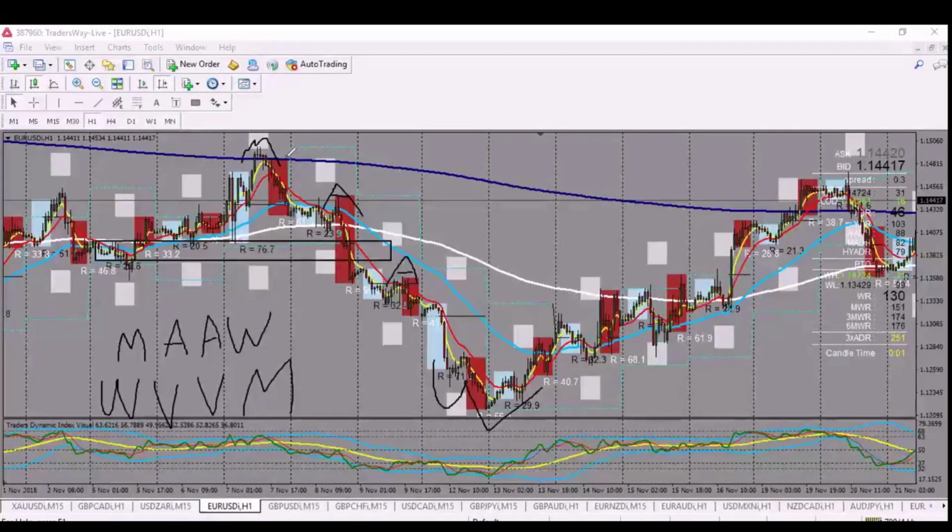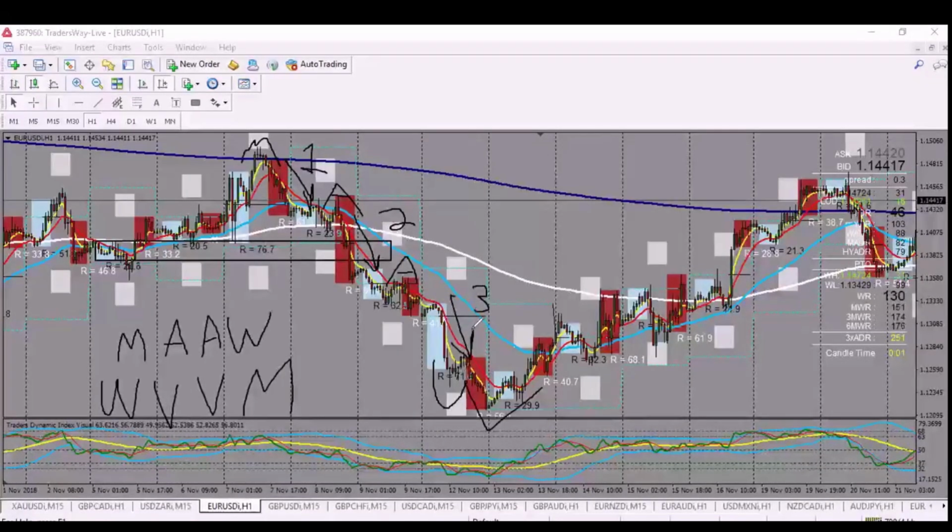So we have an aggressive move down, level 1, a level 2, aggressive move to the downside. So this is 1, 2, an aggressive move to the downside, 3 aggressive moves to the downside.